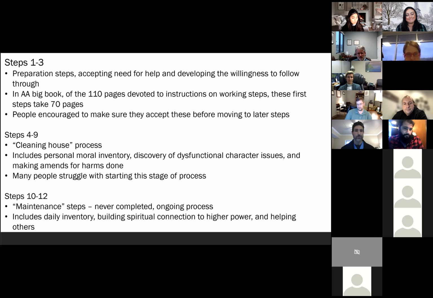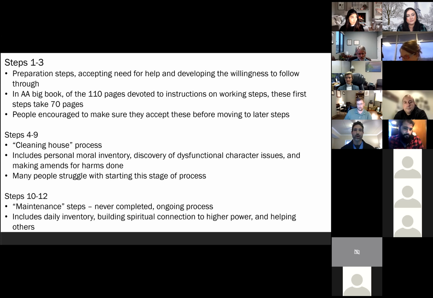All right. So they thought these 3 steps were so important that when they wrote the AA Big Book, there's 110 pages that have directions for how to work these 12 steps. The first 70 pages are devoted completely to these first 3 steps. So 70 out of 110 pages.